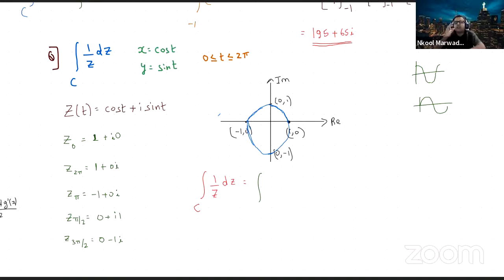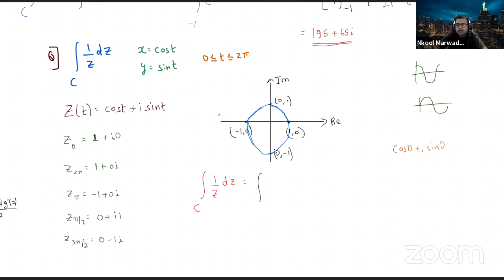We know, always remember, this very important property: cos theta plus i sin theta is equal to e to the power of i theta.